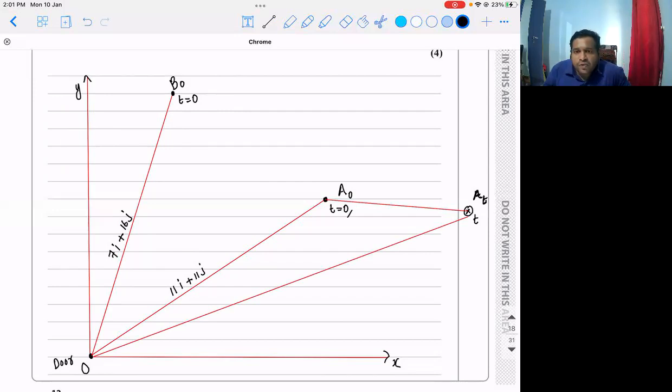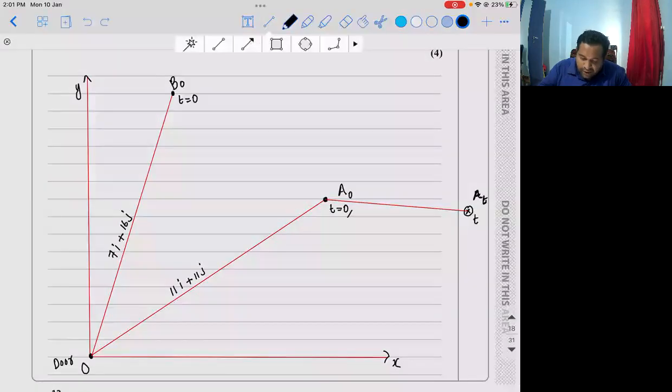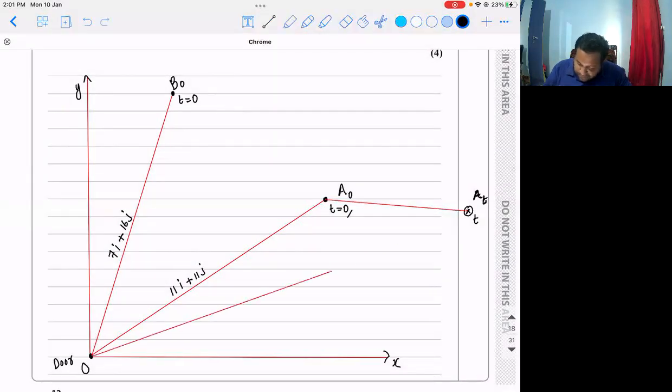So how will we find this new position vector? So this is our question. This was the position vector of Agatha at 0.